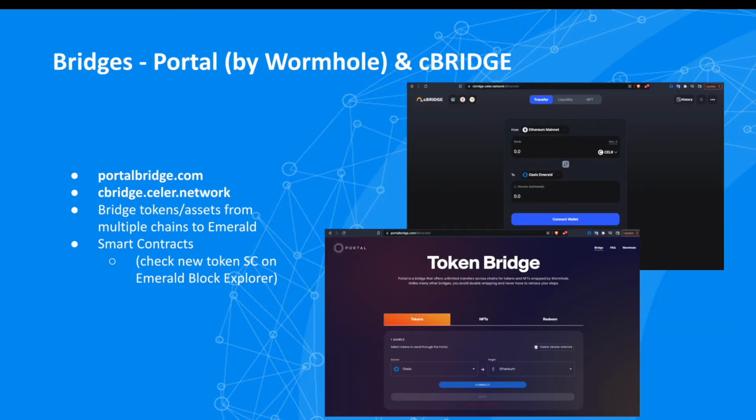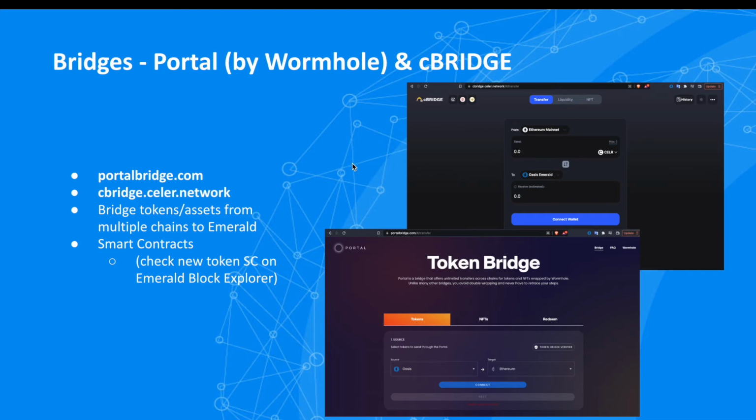Now, bridging. Bridging is very important because of how you will transfer your USDC or your Ethereum to Emerald. You cannot send assets directly from Ethereum to Emerald. You need to bridge those assets. That's why we have bridges like Portal built by Wormhole or cBridge by Celer Network.